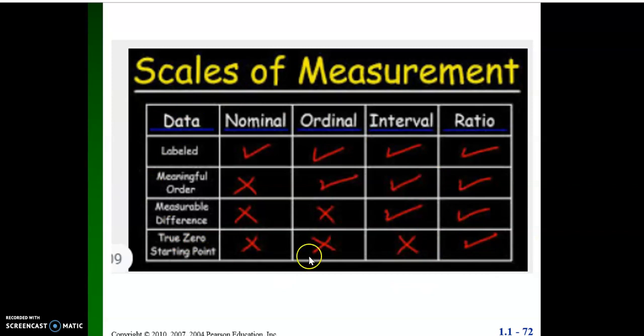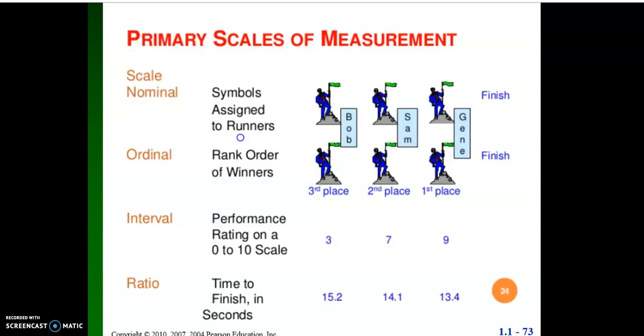So all in one, how can we put it all together, right? It's another way of scaling this measurement, nominal, ordinal, interval and ratio, using the player's name, place and ranking, scale from 0 to 10, and the finish time.